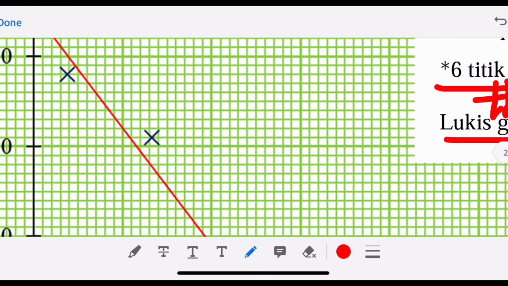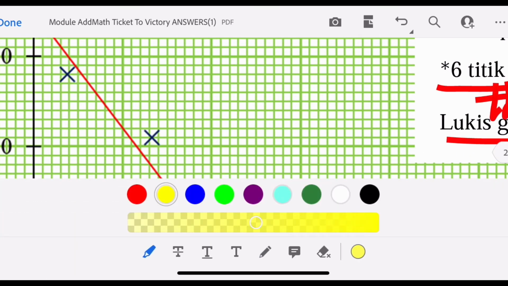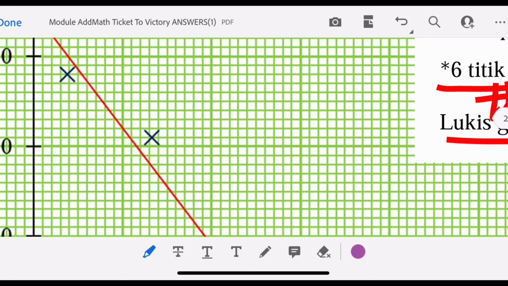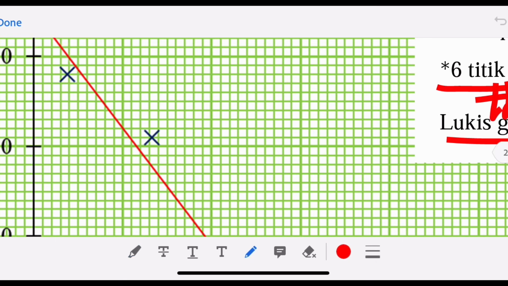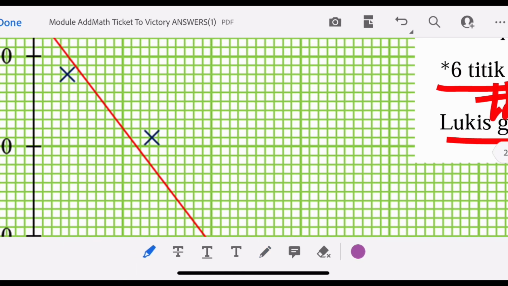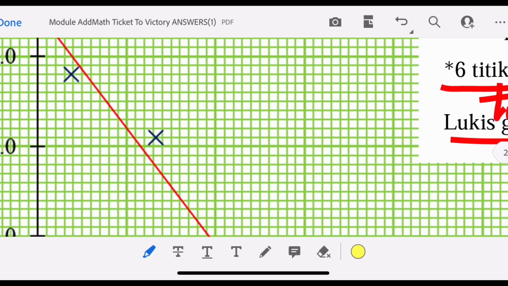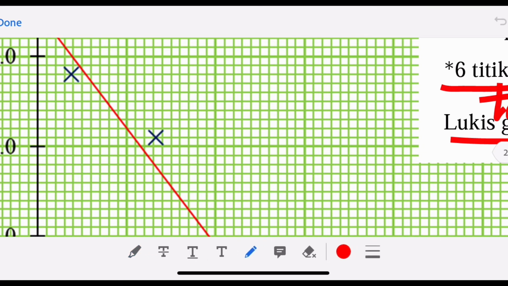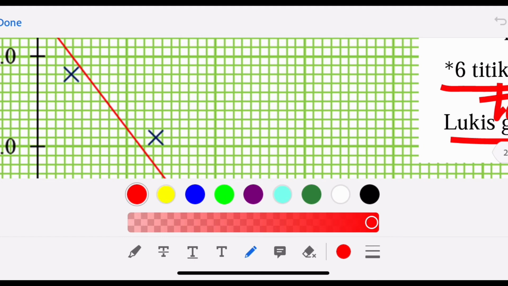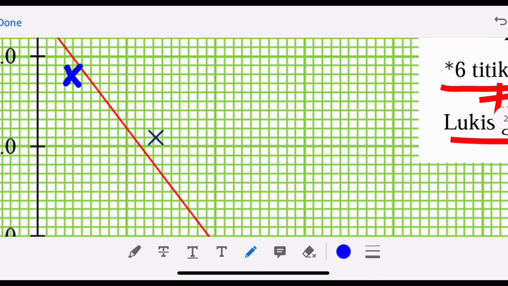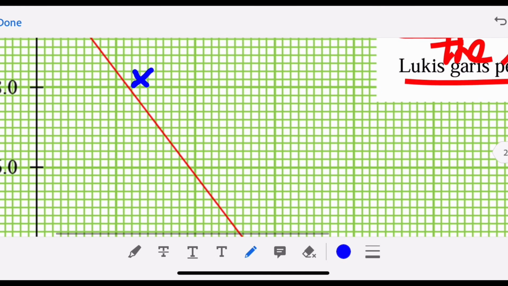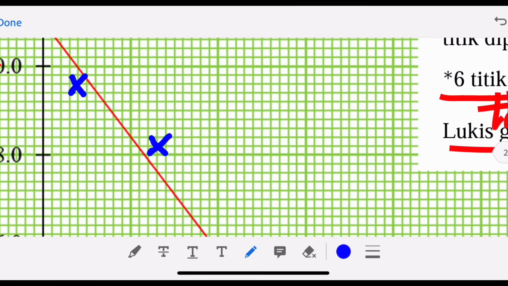So this is the point that is below the line. I just highlight to you the point. The point must be accurate. Right, this is the point. One below the line, one above, is balanced.